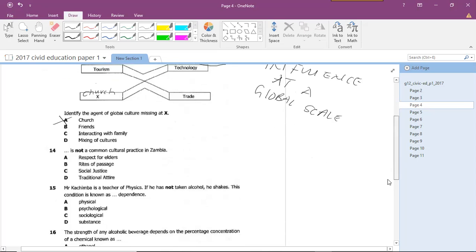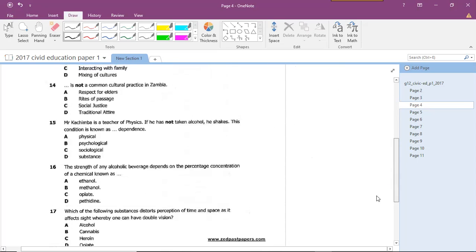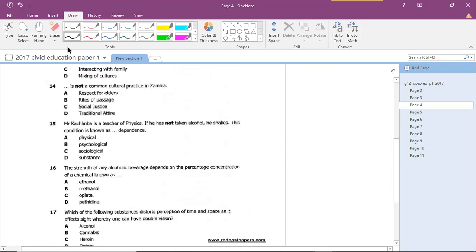So let's move on to question 14. Which one is not a common cultural practice in Zambia? The respect of elders is a very common practice in Zambia culturally. Rites of passage, very, very much. Traditional attire, various languages have traditional attire.